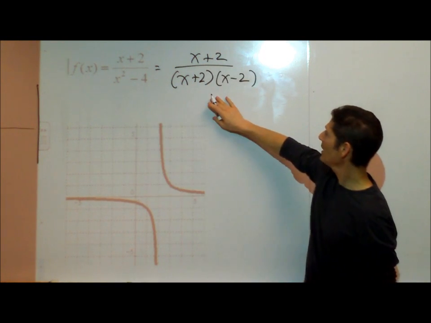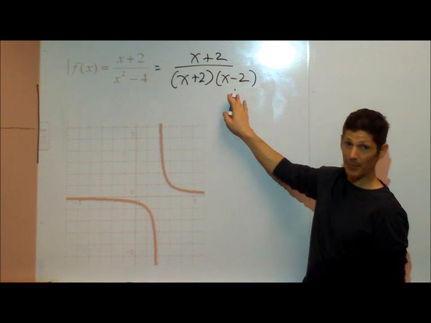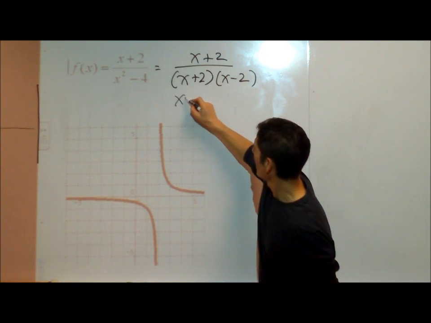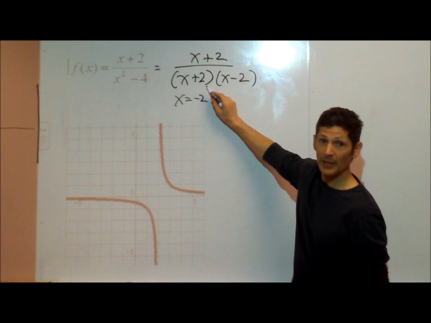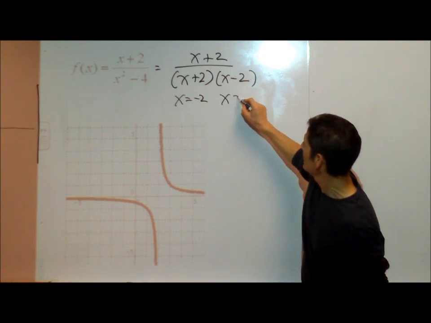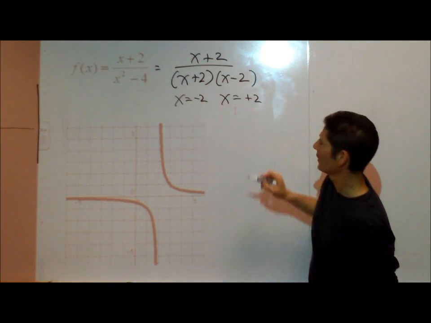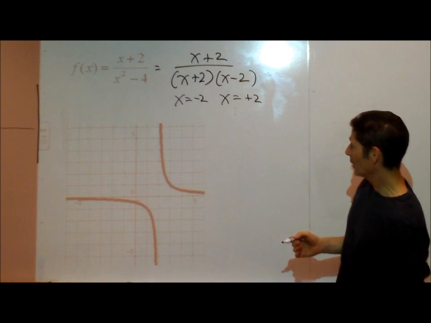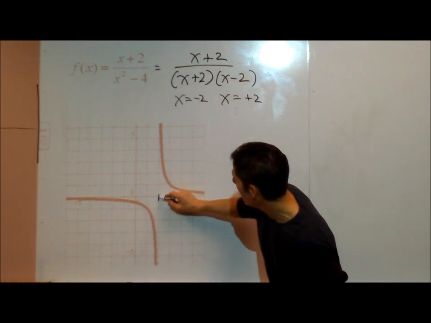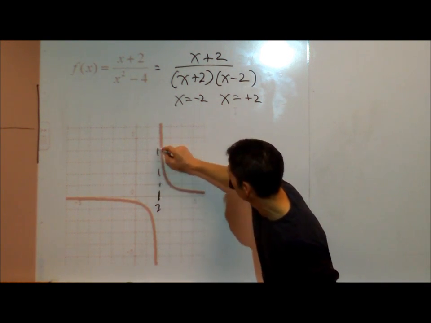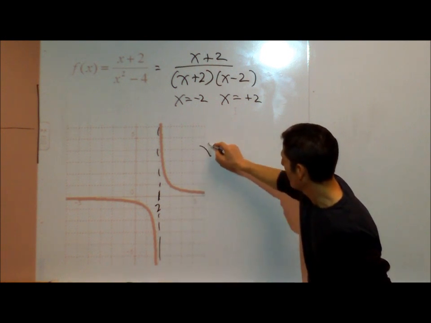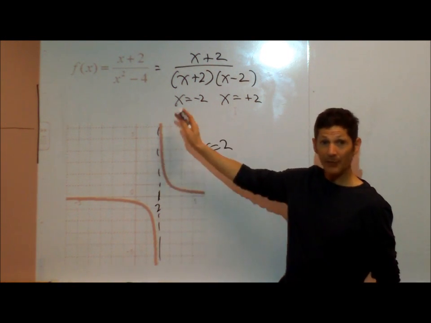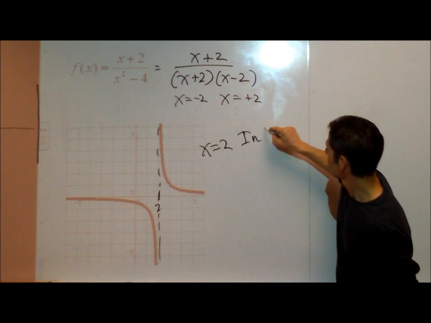So I can see here that there are two things that make the denominator 0. When x equals -2, it makes the denominator 0. And when x equals +2, it makes the denominator 0. And when I look at the function, I can certainly see that at positive 2, here's x equals 2, I'll write that down. At x equals 2, I have an infinite discontinuity.